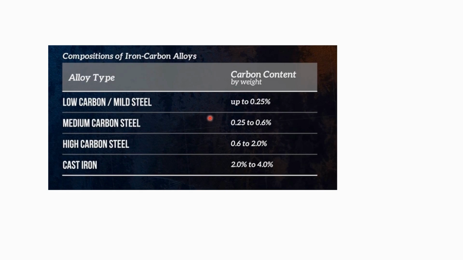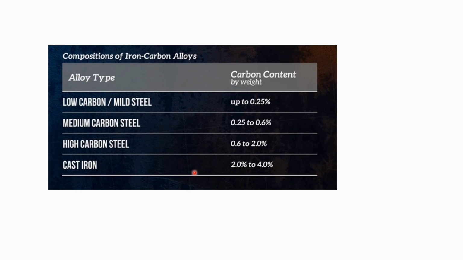And also we have cast iron with a good fluidity and a lower melting point due to extra carbon. Cast iron is suitable for casting and it is generally brittle.